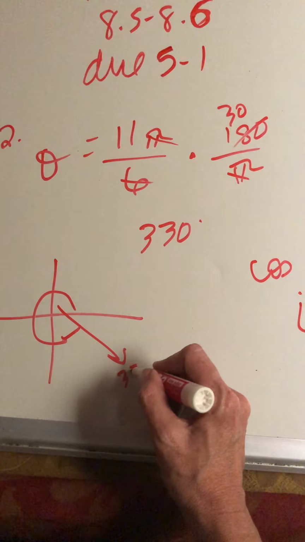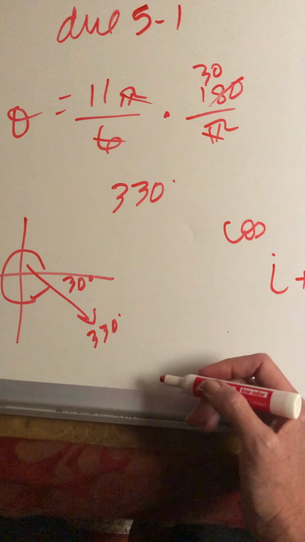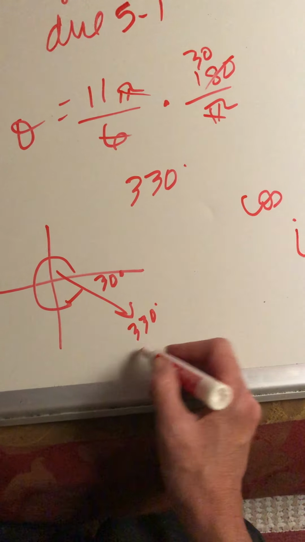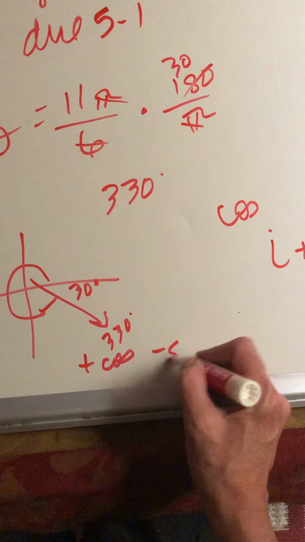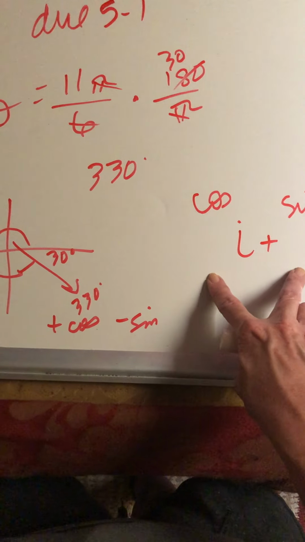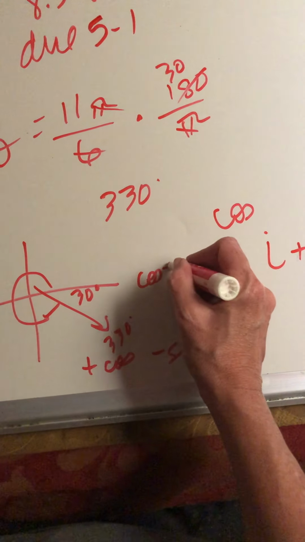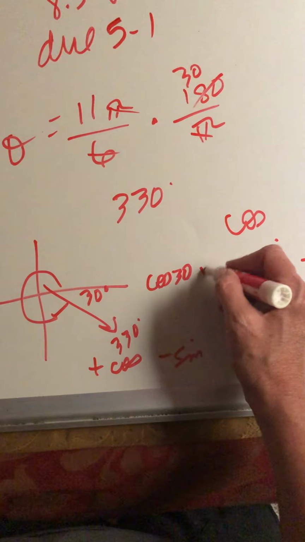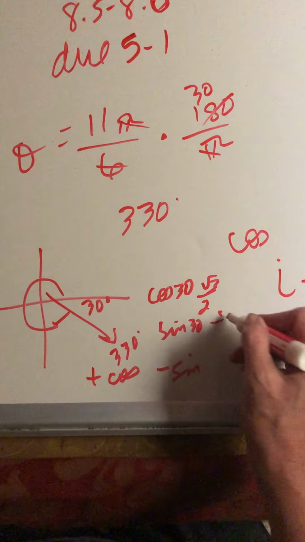So if this is 330, the reference angle that we have to use is 30. Now remember, if I'm in the 4th quadrant, cosine is positive because I went right and sine is negative. So when I put them in, I've got to make sure I put the right signs on it, okay? Now since my reference angle is a 30 degree angle, the cosine of 30 is square root of 3 over 2, and my sine of 30 is 1/2.